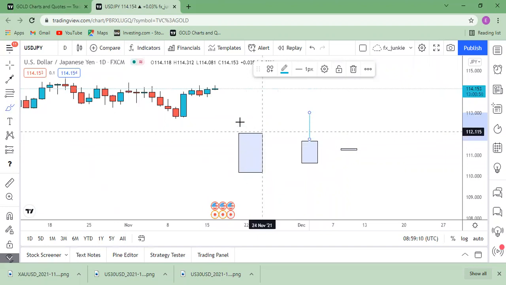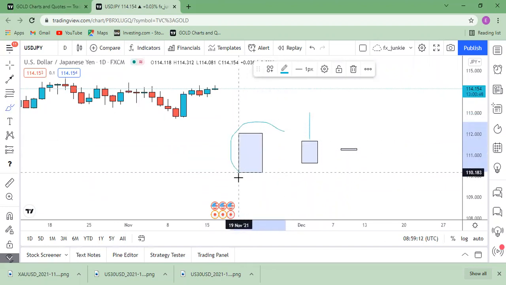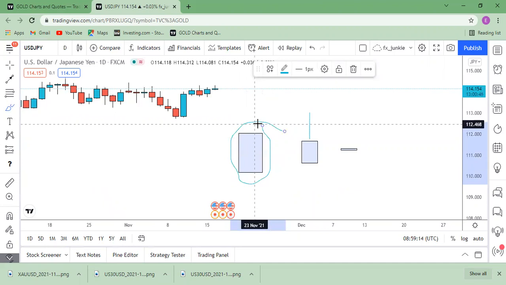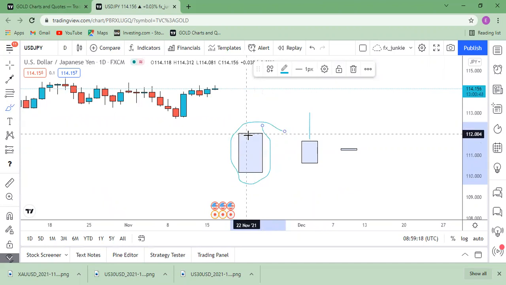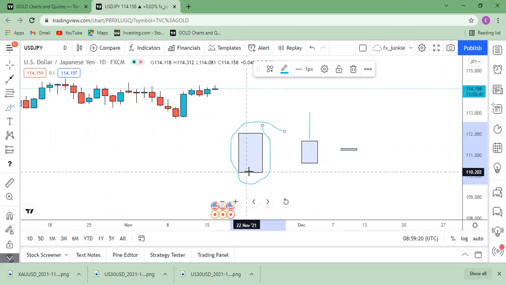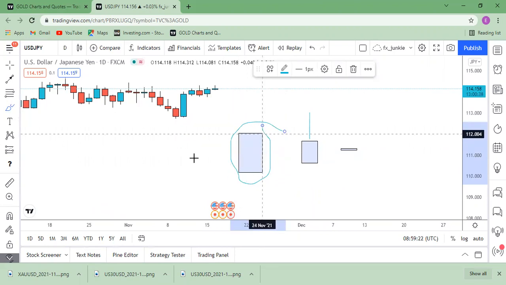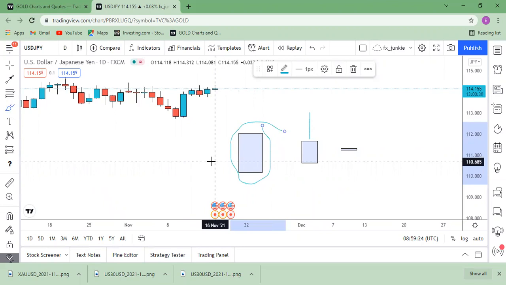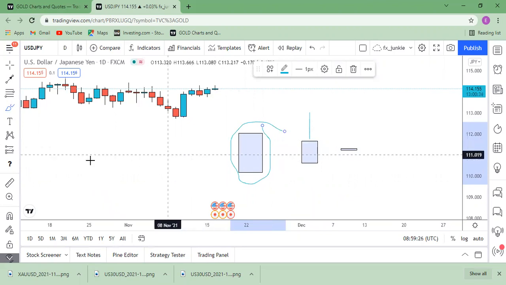If you get a candlestick like this one right here, we call it a Marubozu candlestick. It's a full momentum candlestick. It does not come with a wick on the top or the bottom, it just comes with the real body. But before that, let me explain to you what a candlestick is exactly.